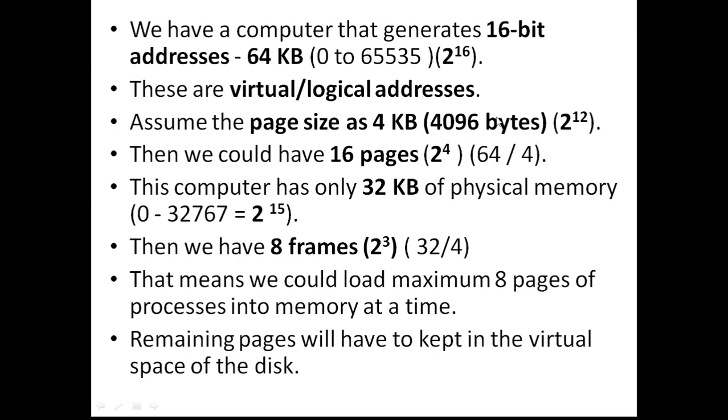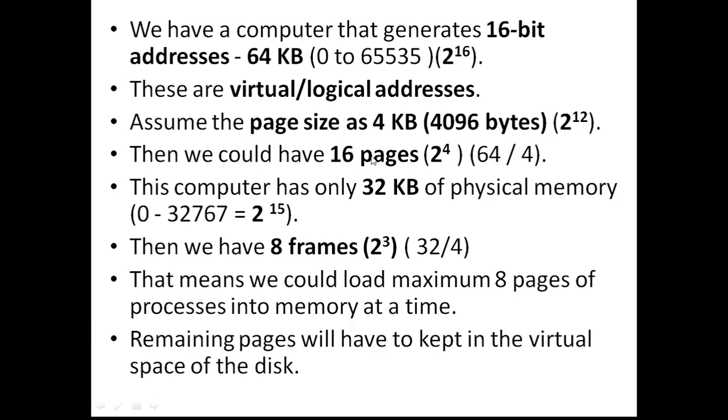For each byte, if there are 4096 bytes available in each page, then we need 12 bits to uniquely identify each of the 4096 bytes. How is 12 arrived at? Simply, 2 power 12 is equivalent to 4096. So in order to represent 4096 bytes with unique addresses, you need 12 bits. That is the calculation.